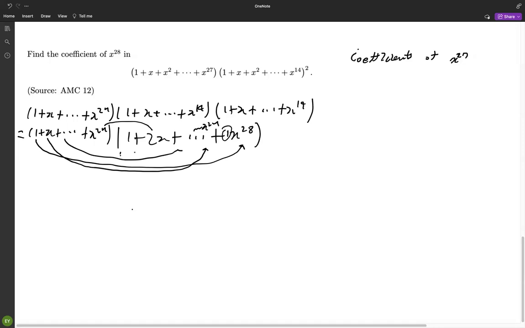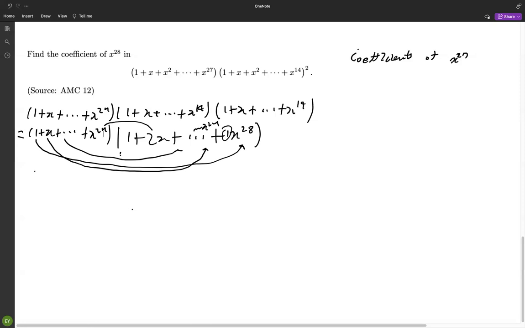What I want to tell you from here is that the sum of all coefficients of x to the power of 28, by finding it this way, is actually the same as the sum of coefficients of the vector that you see here, minus 1. And you will see why. Let's just try and write our first one.